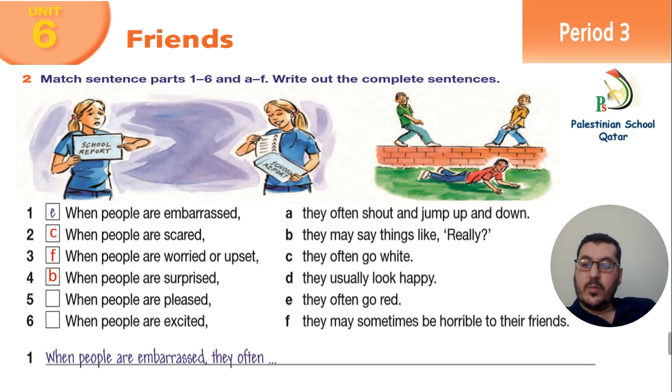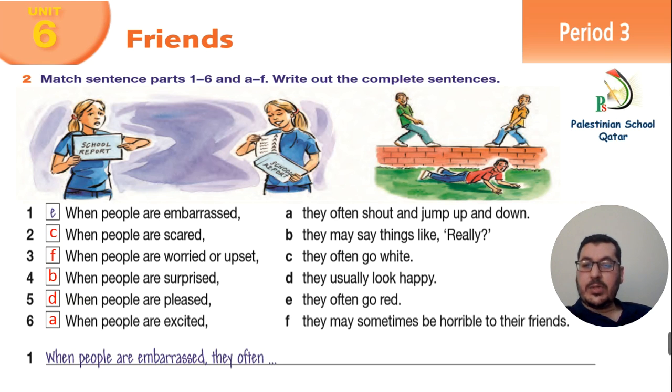Number 5, when people are pleased, happy, yes, they usually look happy. And number 6, when people are excited, yeah, they often shout and jump up and down.